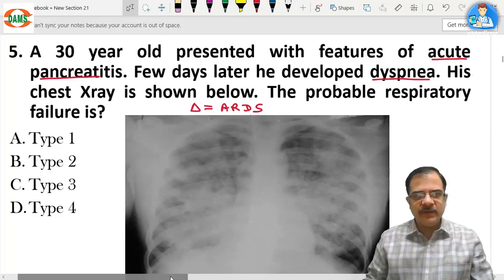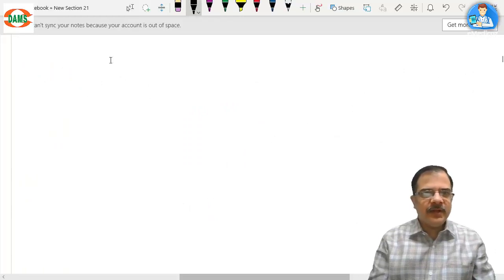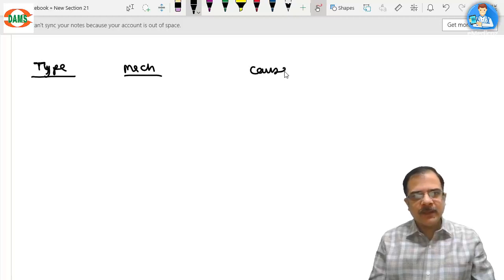So if we look at the types of respiratory failure and their examples, the type, mechanism and the cause.